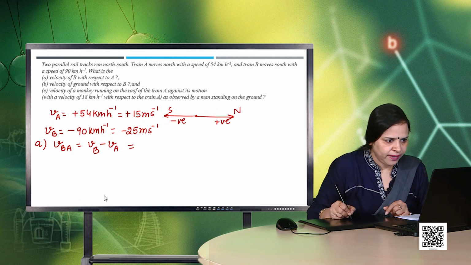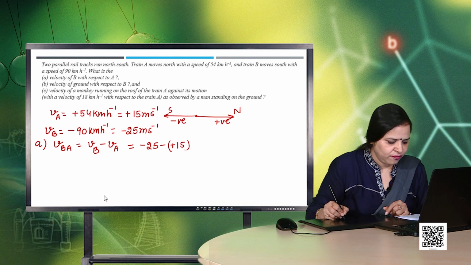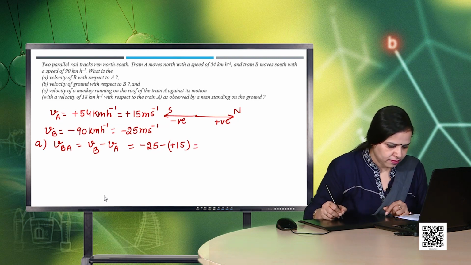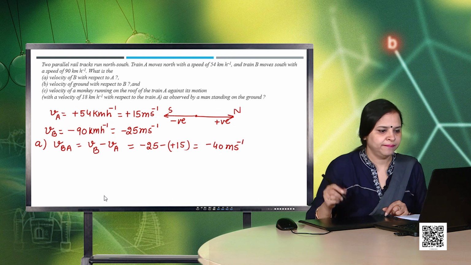So, VB is minus 25, minus the value of VA, which is plus 15. On solving this, we get the answer as minus 40 meter per second.